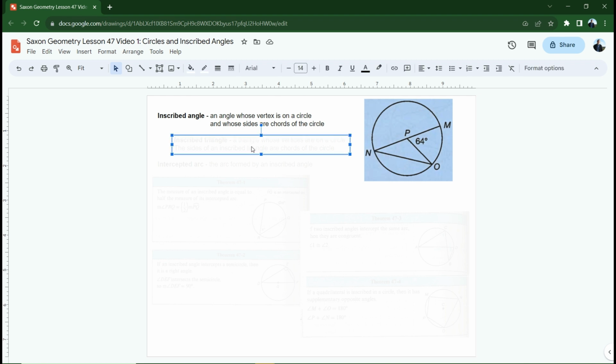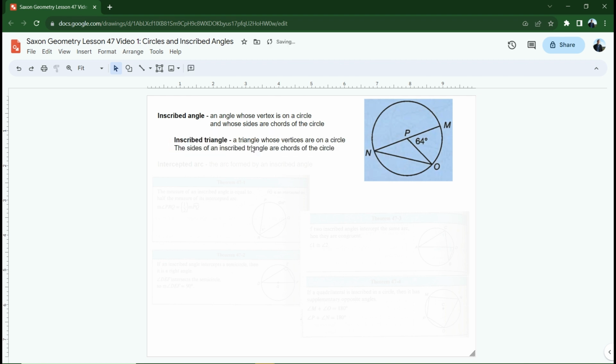Now, we're going to specify also what an inscribed triangle is because, again, that's a very important figure that we've been working with. When we can inscribe angles, we could also put triangles inside circles as well. I want to point out that this is not an inscribed triangle right here. Pay attention to the definition of inscribed triangle and see why this is not meeting that definition.